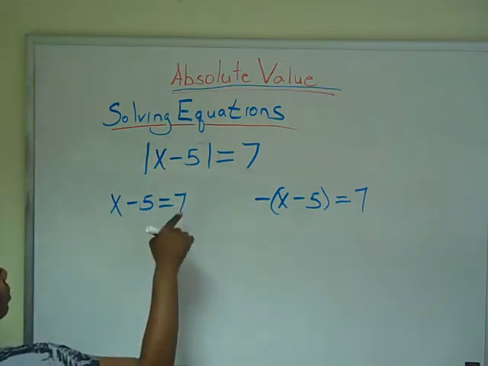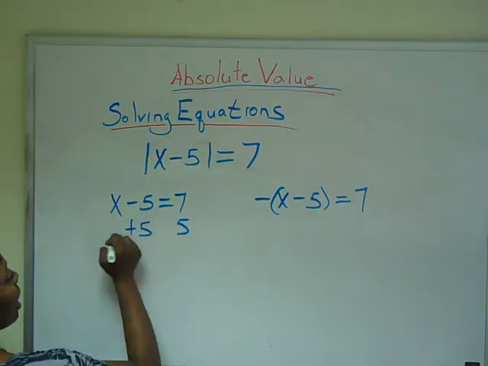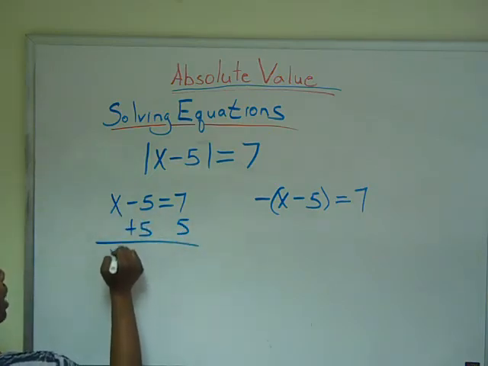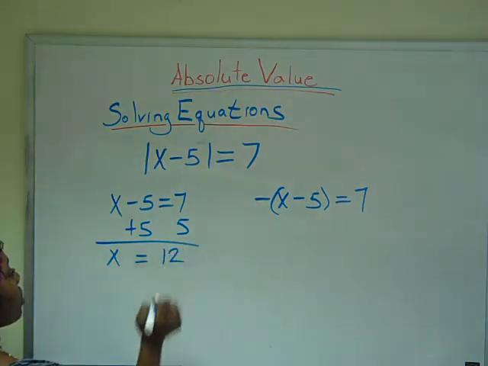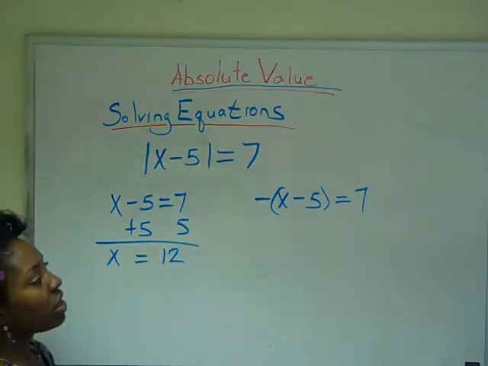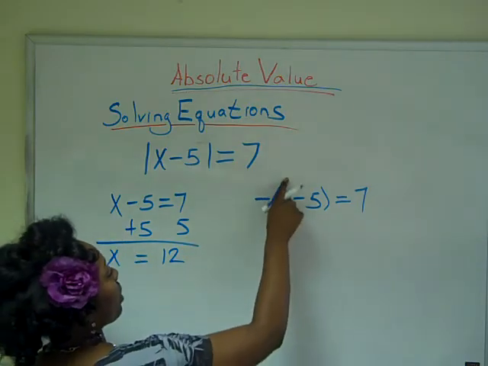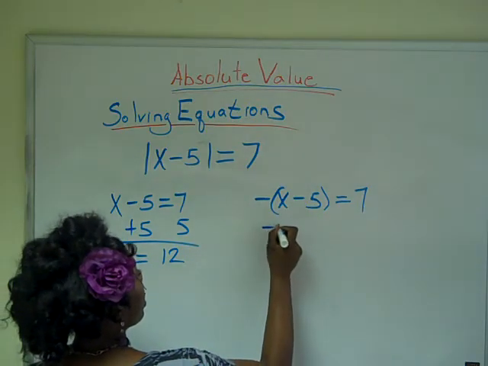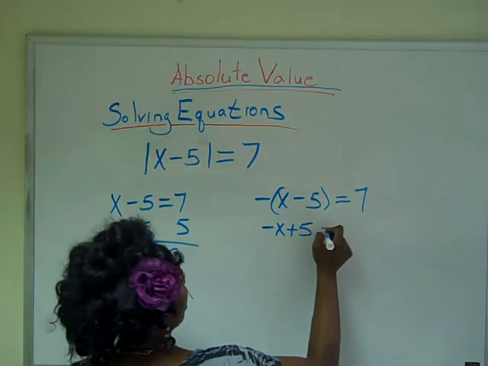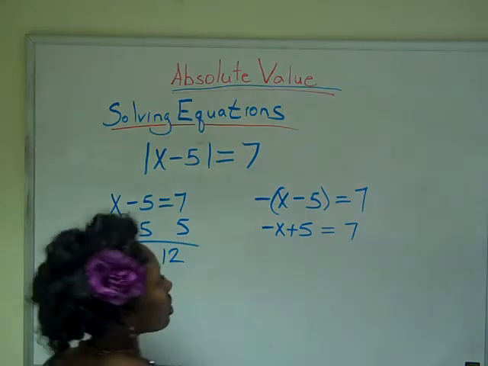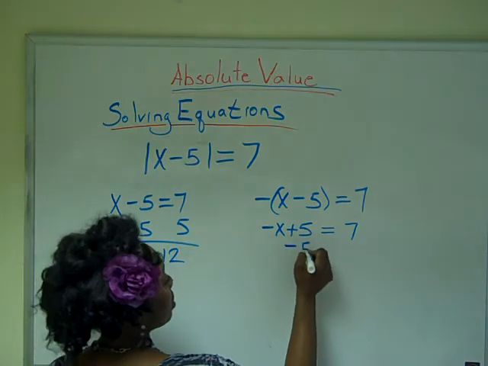Here, we'll solve for x by first adding 5 to both sides of our equal sign. Add down and we get x equal to 12. Now we'll solve this equation. First, we'll distribute our negative and get negative x plus 5 equals 7. Now, we'll subtract 5 from both sides of our equal sign.